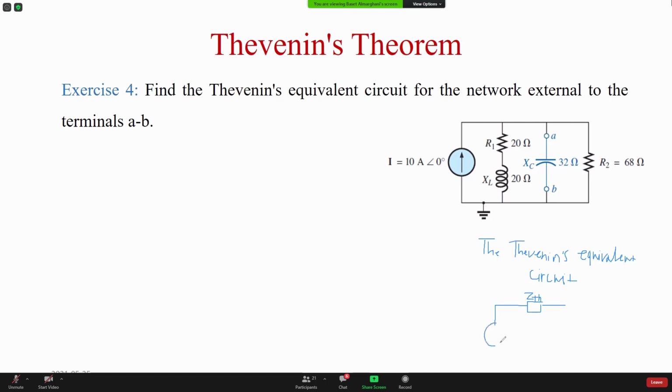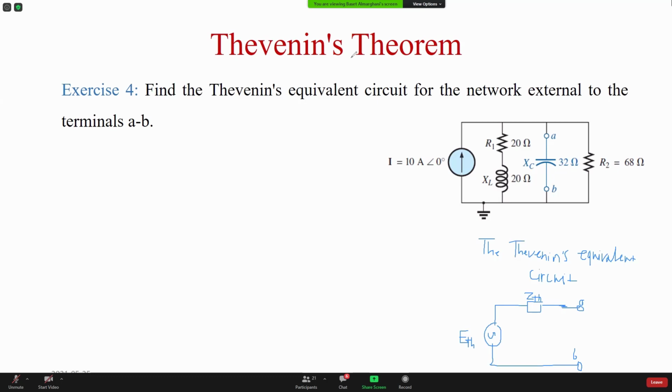The circuit is AC now, so the source is going to be an AC source, E Thevenin. Those are the two that I have to find, so I can say this is the equivalent. Those are the terminals A and B. This is A, this is B.